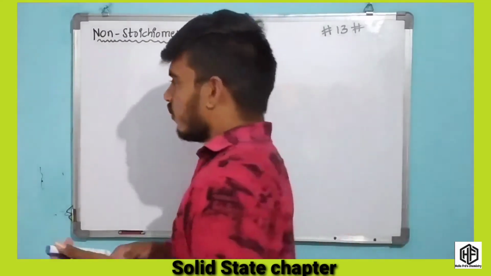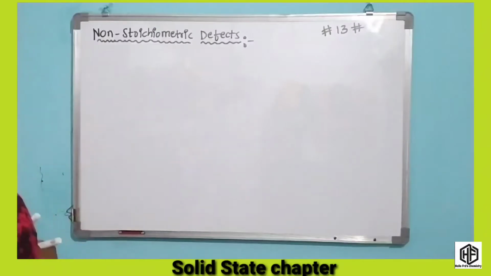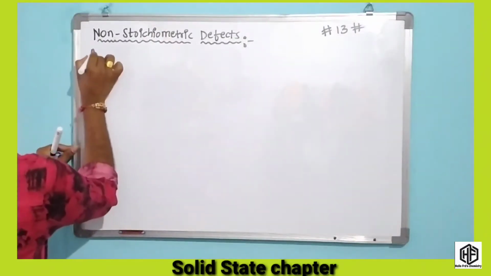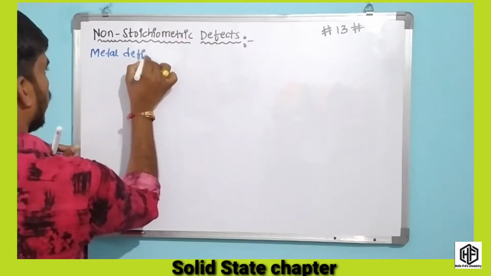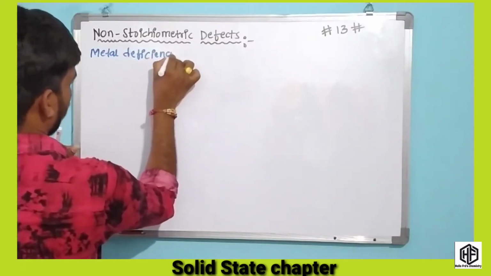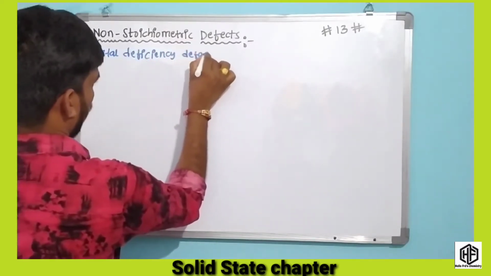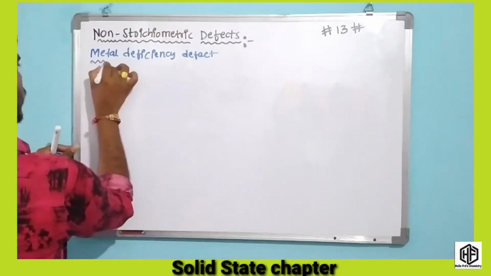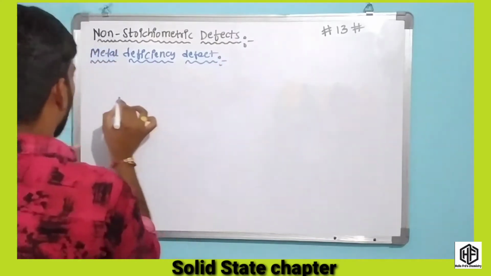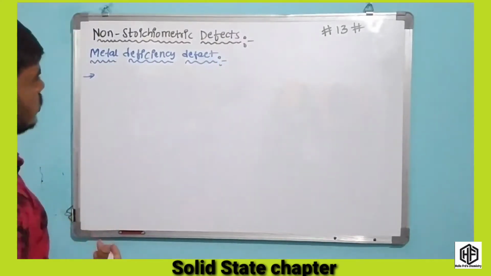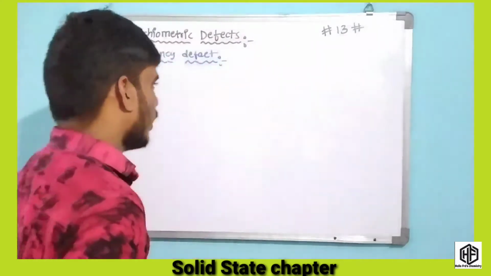See this board. Friends, in this video we are going to discuss the metal deficiency defect. What type of metal shows this kind of metal deficiency defect?